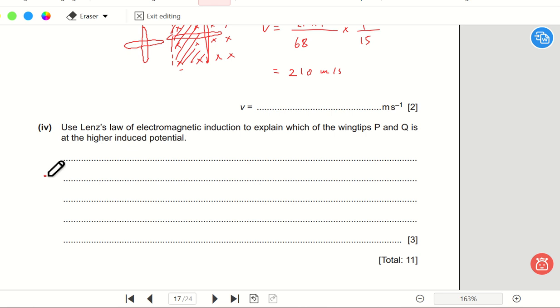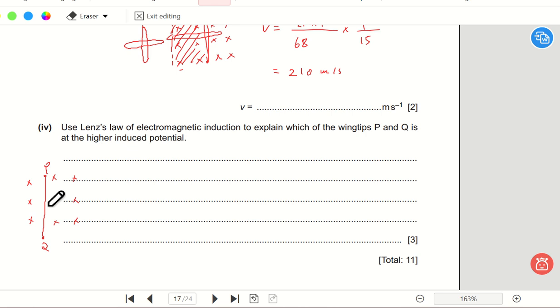When we have a wire that is moving in a magnetic field, with the field direction into the page, we will certainly have an induced EMF in the QP direction.